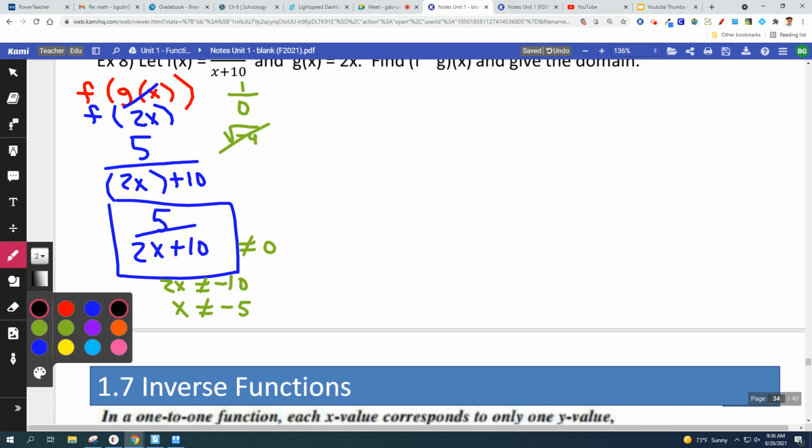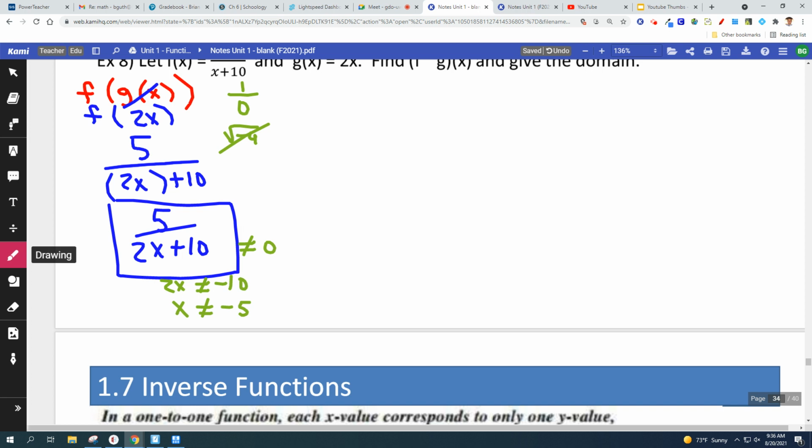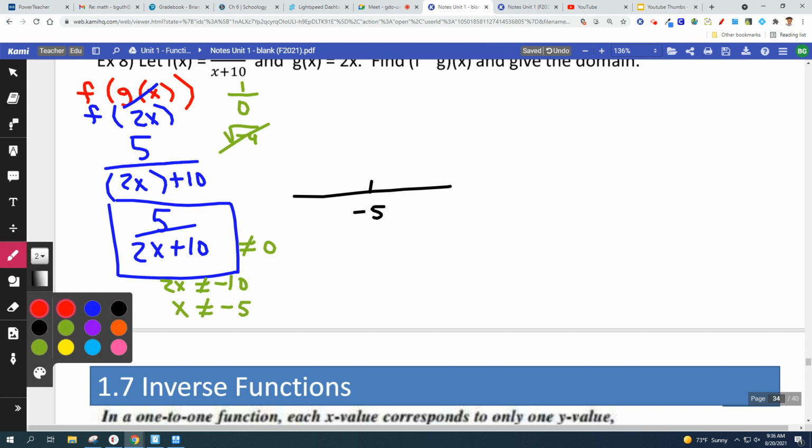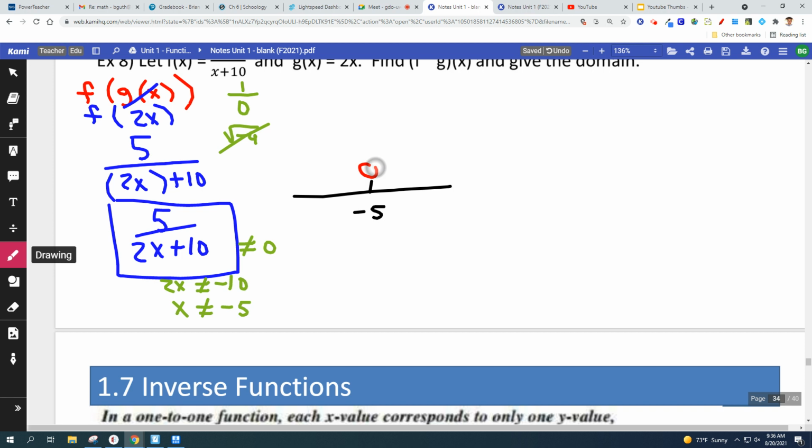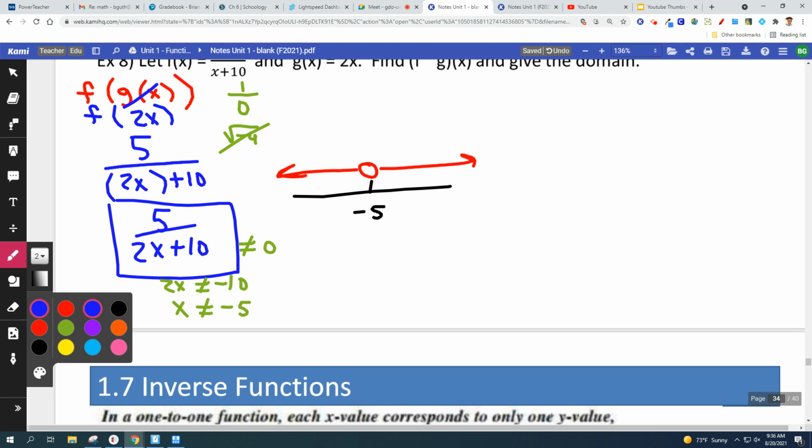So again, you know, if you can skip this step, go for it. But I think the easiest way to look at it is look at a number line. If x cannot equal negative 5, then that means that it can equal everything else. You'd have a hole here, but you'd have pretty much everything else colored in. Everything except negative 5. And so in order to write out the domain, you're going to have to look at this in two pieces.